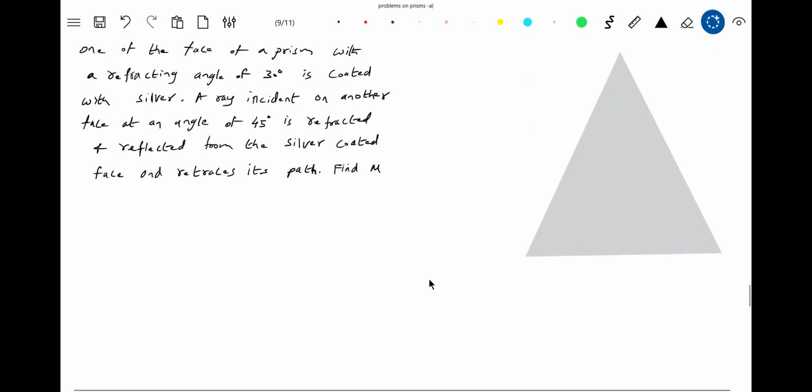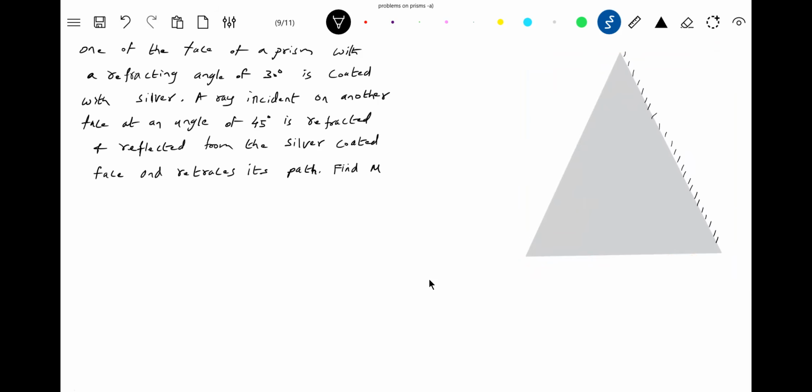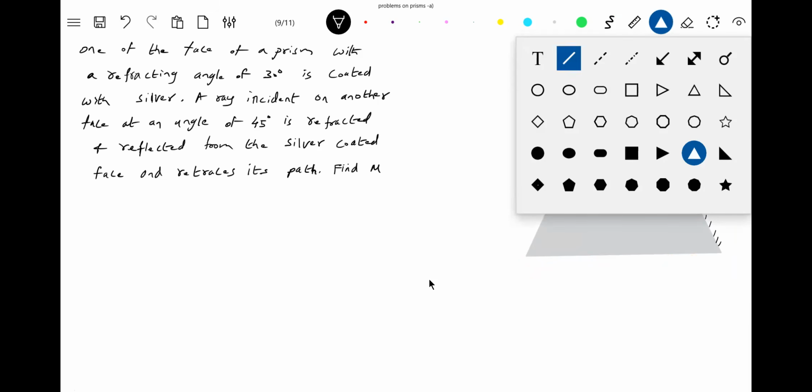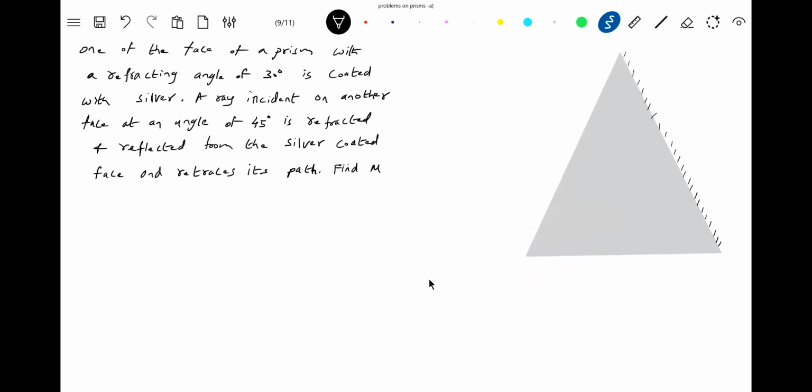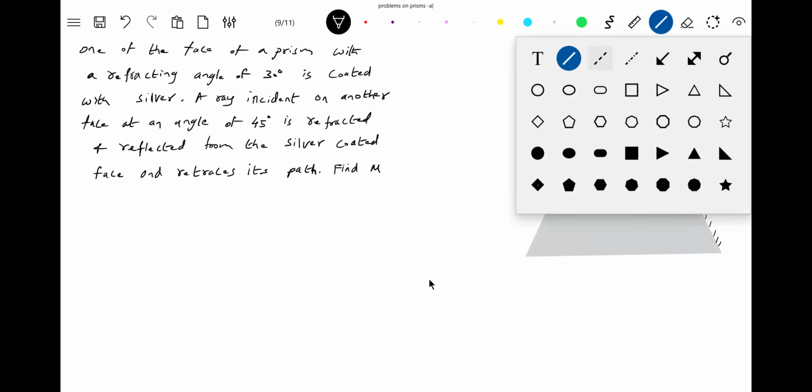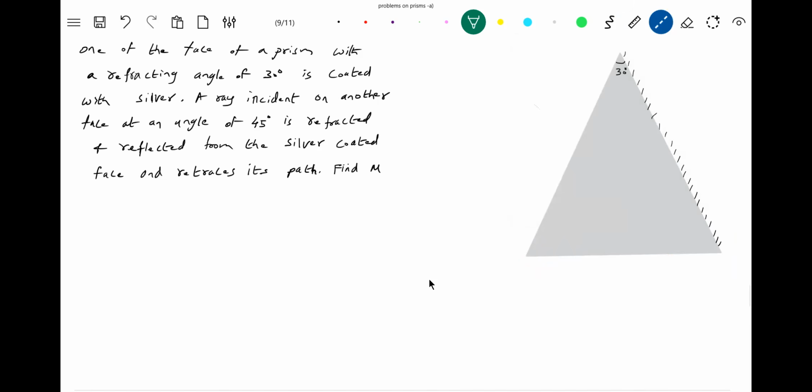Okay, I have now. One of the faces is silvered. This face will be silvered. Then angle of prism 30 degrees. One of the rays is incident at an angle of 45 degrees. Let me bring the normal. Now it is incident at an angle of 45 degrees.